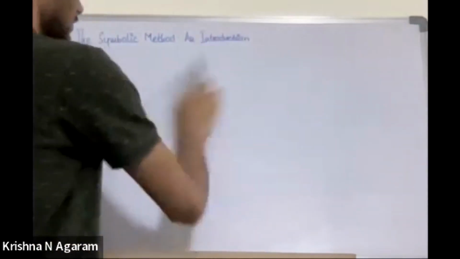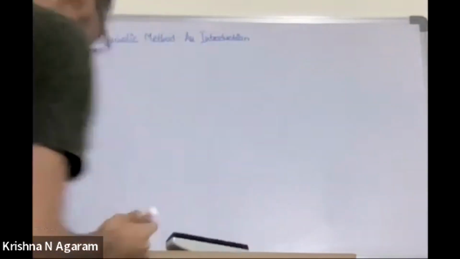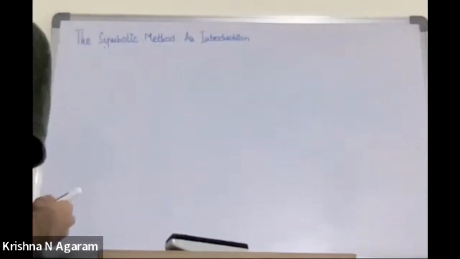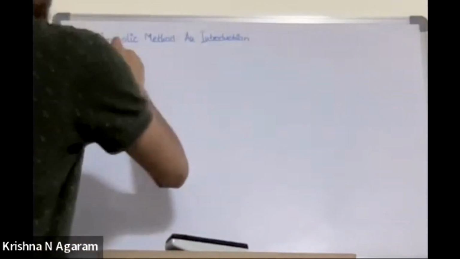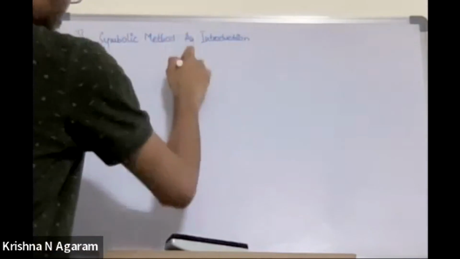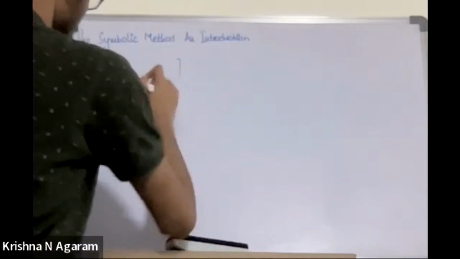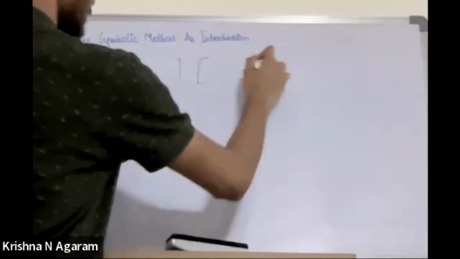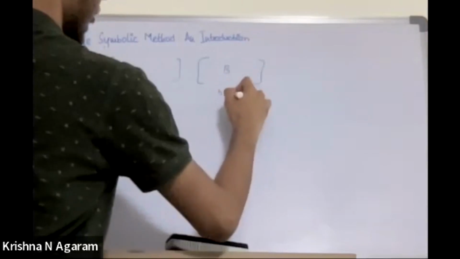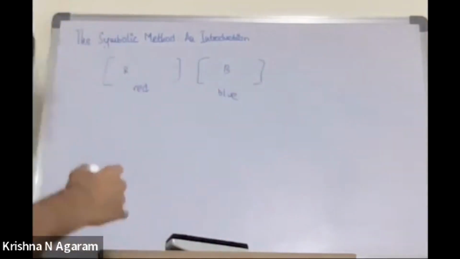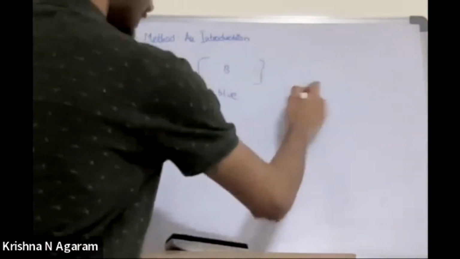So why we exploit this and how we use it is by the following example. Suppose you had to choose from some number of red balls and some number of blue balls, and you want the total number of balls to be 3.